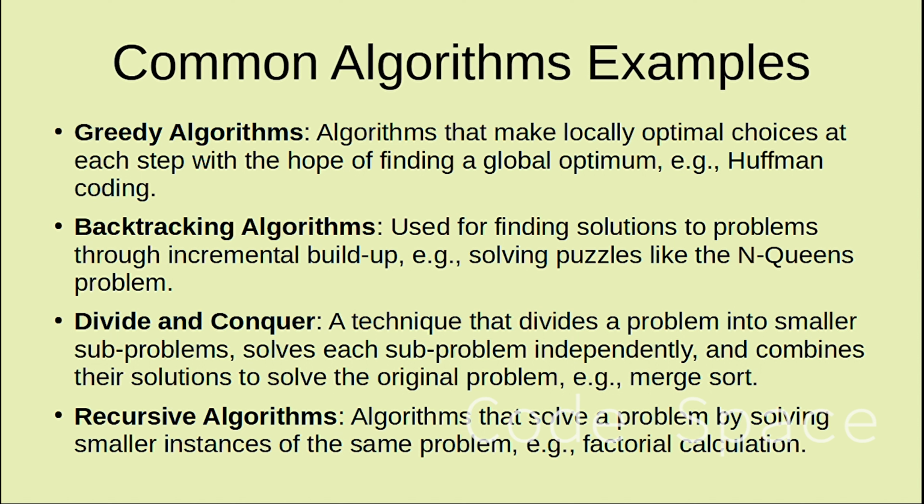Recursive algorithm, where the algorithm solves a problem by solving smaller instances of the same problem. You have a bigger problem, you come down to a small instance of that problem and solve it, and then recursively join that back to continuously solve the complete problem, that is, the original problem. One example is factorial calculation.